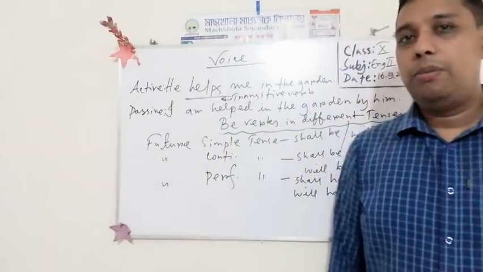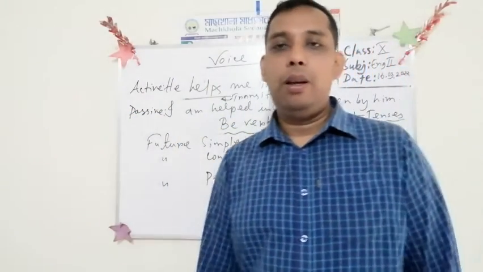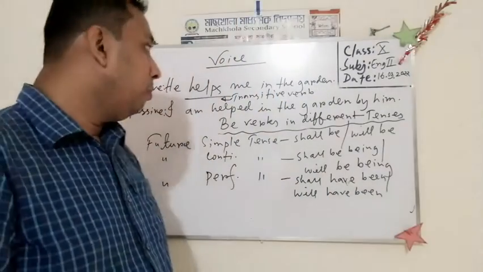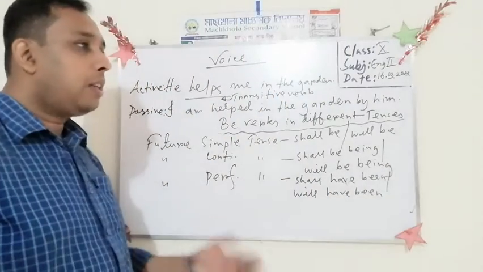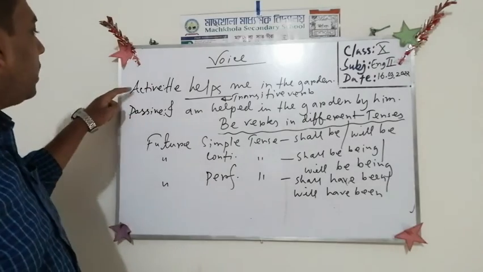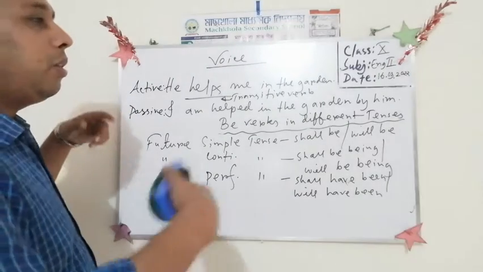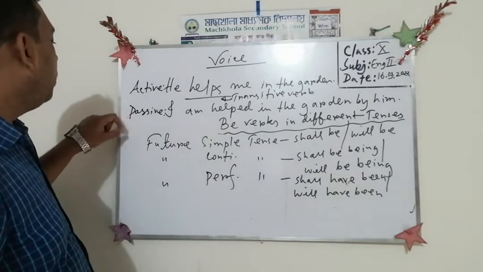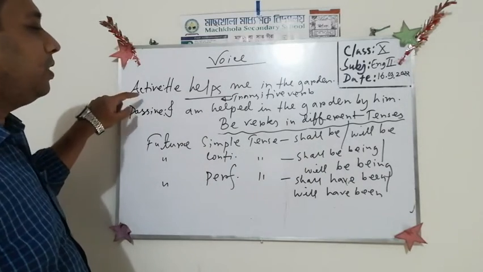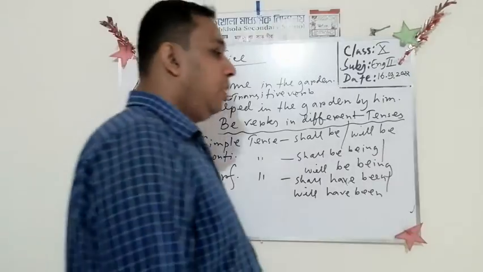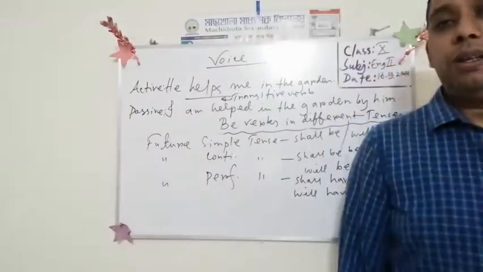Okay, so in our exam we will be asked to do both of them, you see, from active to passive, but there will be question you have to do passive to active. Okay, so this is the question pattern.